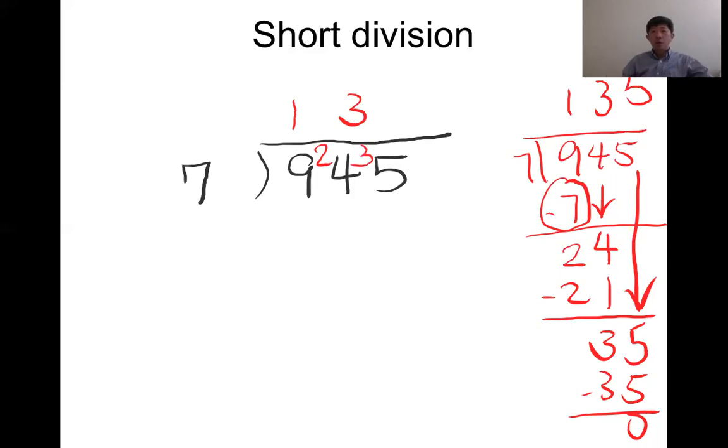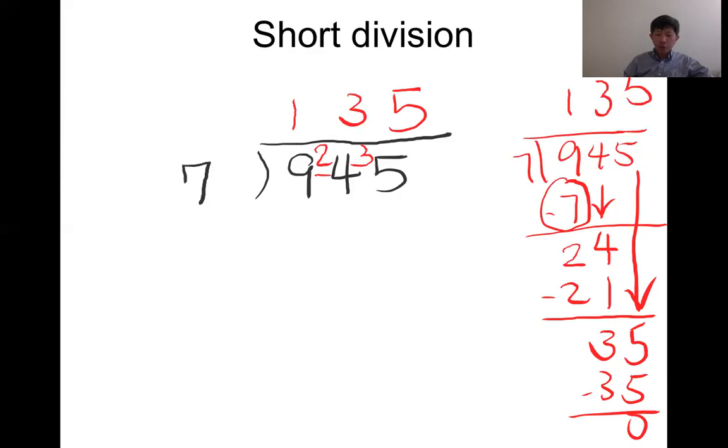Therefore, 35 divided by 7 is equal to 5. So that's the short division. Instead of writing a lot of things like long division, if we have a remainder we just put it on the top here.